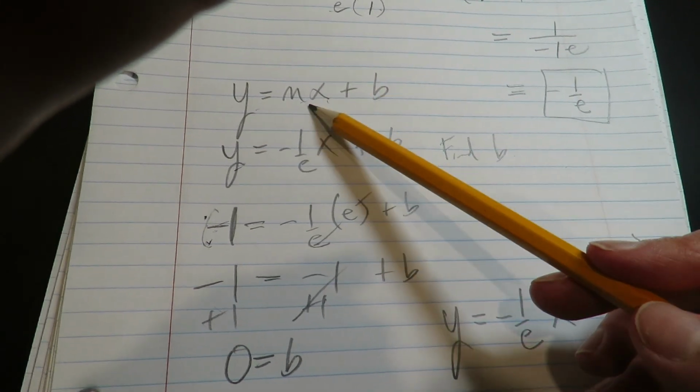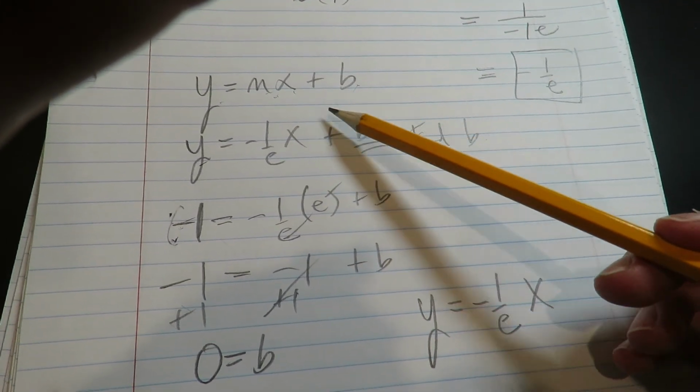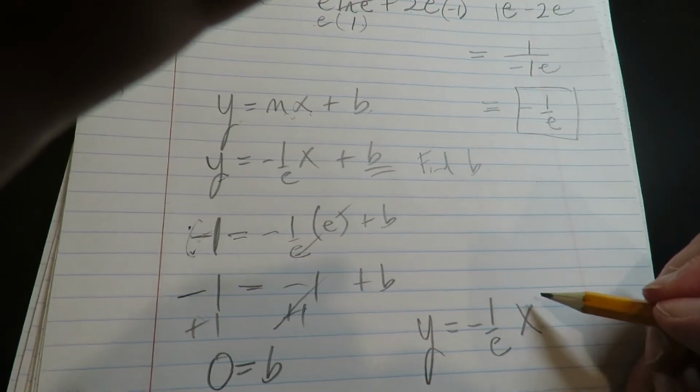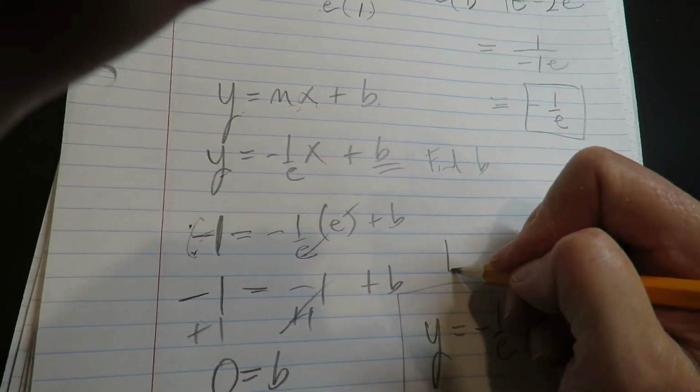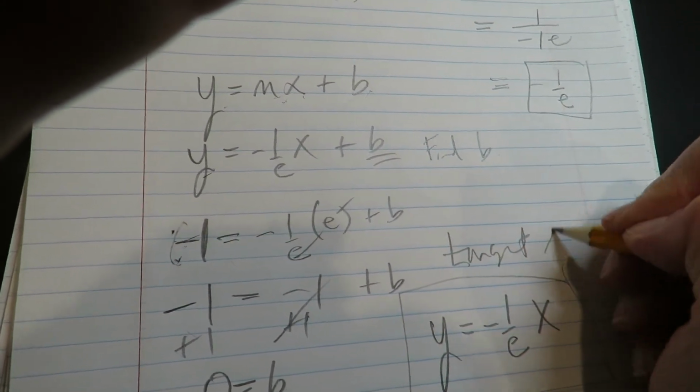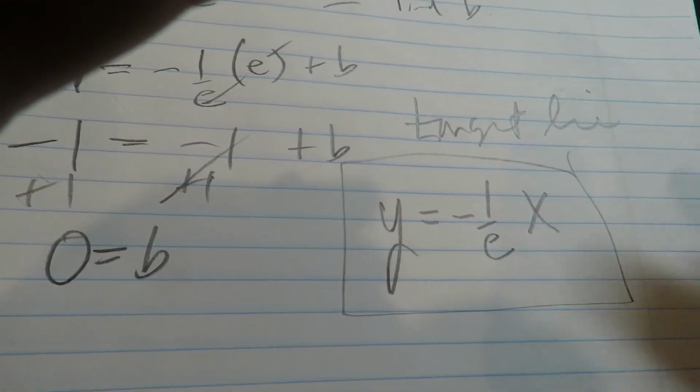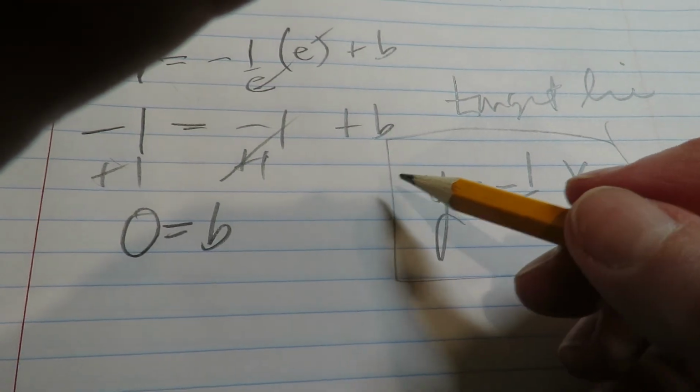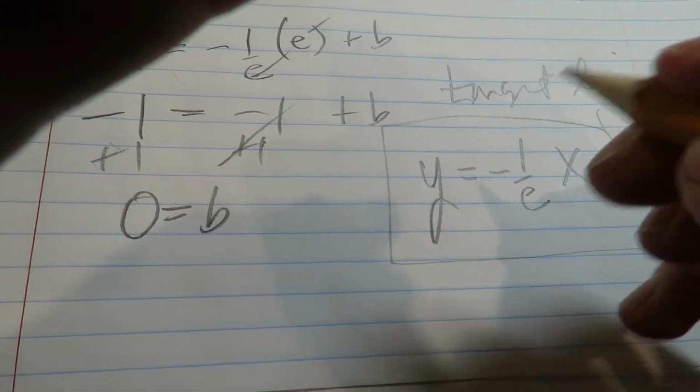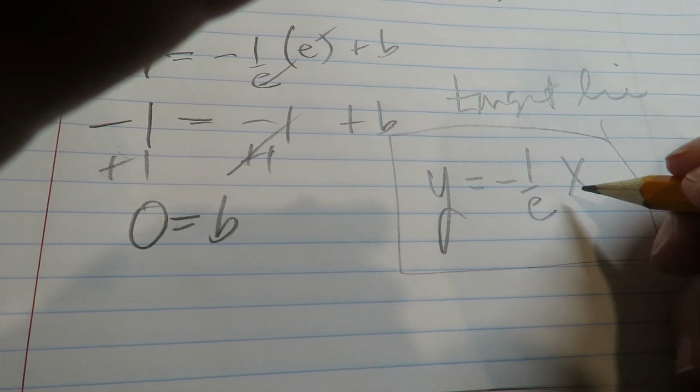we know that m is negative 1 over e. We solved that b is 0, so that's going to go away. So this is the tangent line. And again, it's how you want to format it. You can multiply the e up to this side and move the x over. I mean, some people write this in all different ways.